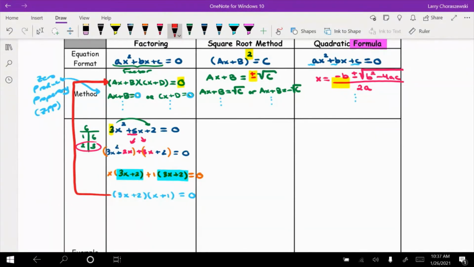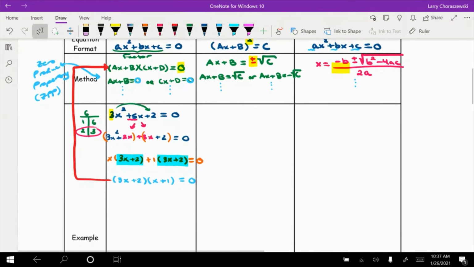And what the method tells us is that once you're at this point where it's factored on the left and 0 on the right, you can set each factor equal to 0 to solve for x. So we'll do just that. We'll set 3x plus 2 equal to 0, write the word or, and then x plus 1 equals 0.